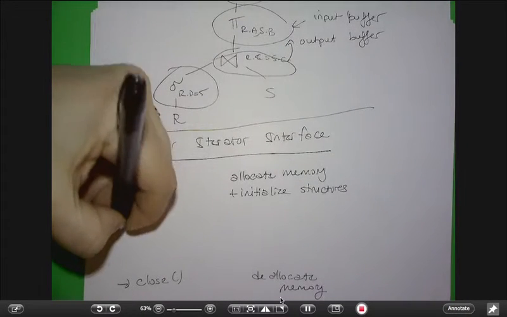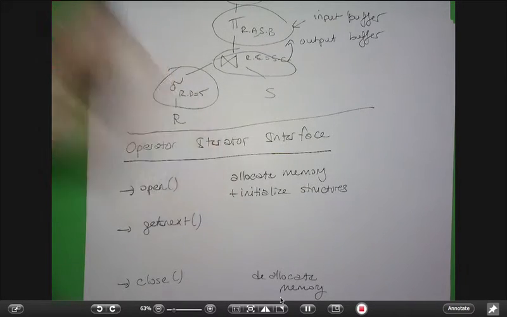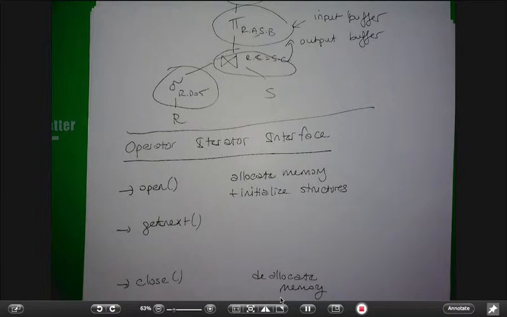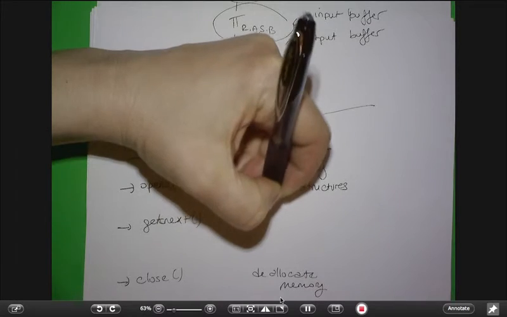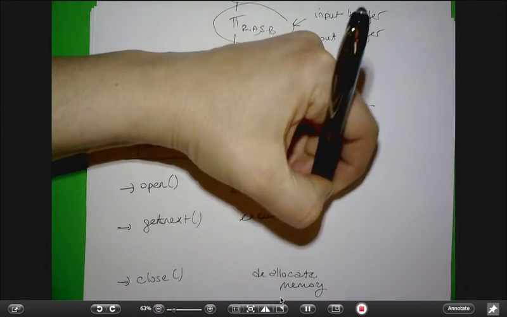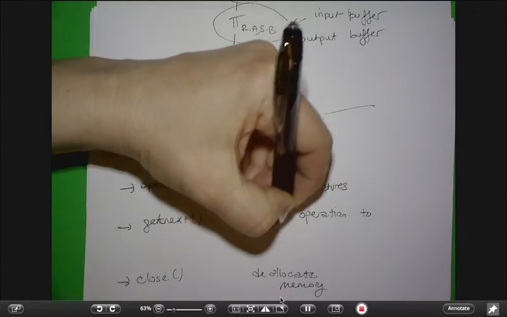Then every single operator has this notion of get next. The get next is going to execute the operation enough so that you can get enough tuples to fill out a disk block. So basically, get next will execute the operation to produce tuples.